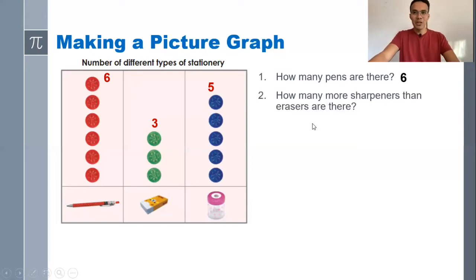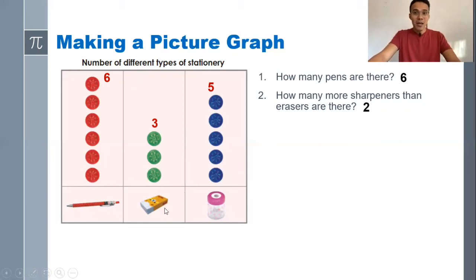Next, number 2. How many more sharpeners than erasers are there? Oh my goodness, we are now comparing again. We are comparing the number of sharpeners and the number of erasers in our picture graph. Look at the picture graph. As you can see here, there are 2 more sharpeners than erasers.